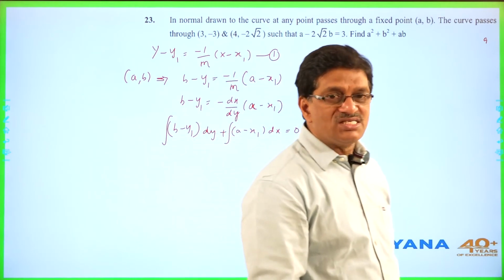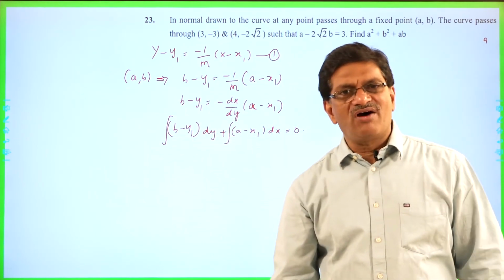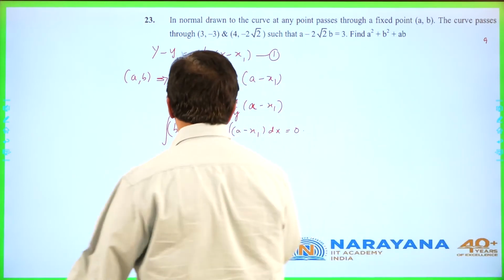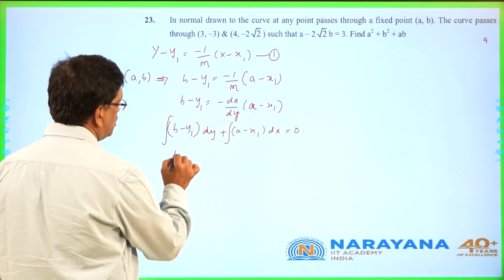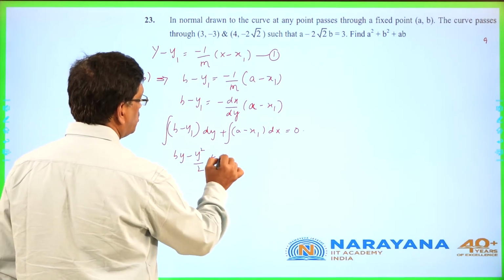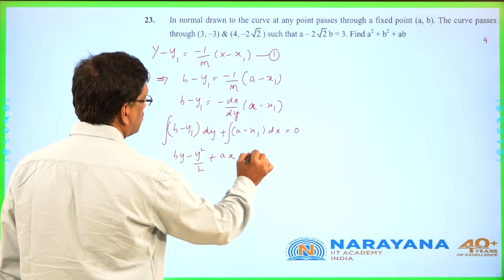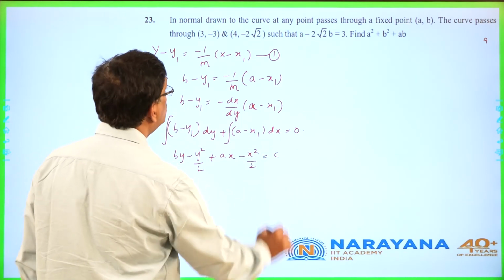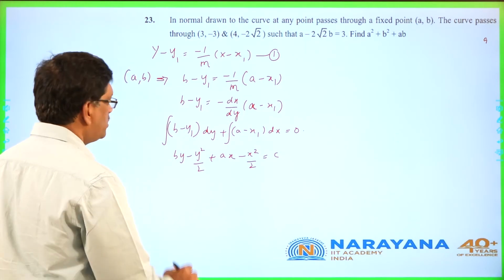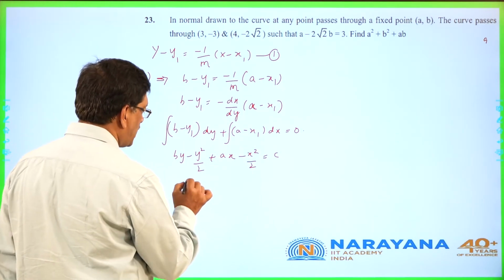So we can just integrate it. Here instead of y1 you can assume y only, and x1 you can assume x only, because we have not changed. It is by minus y square by 2 plus ax minus x square by 2 is equal to c, a constant, right?